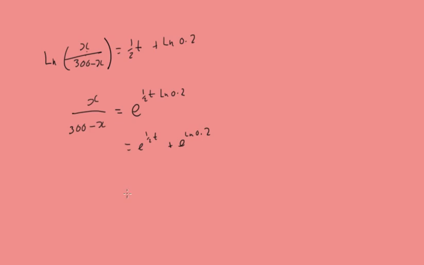Rearranging, we get x equals 0.2, because the e and the log will cancel, 0.2, and then we've got e to the half t, times 300 minus x. We've brought this over to this side.